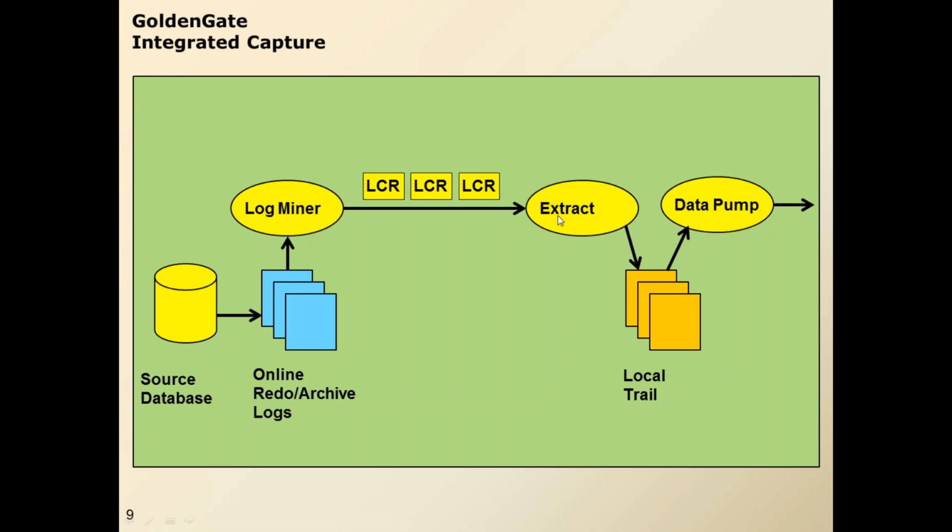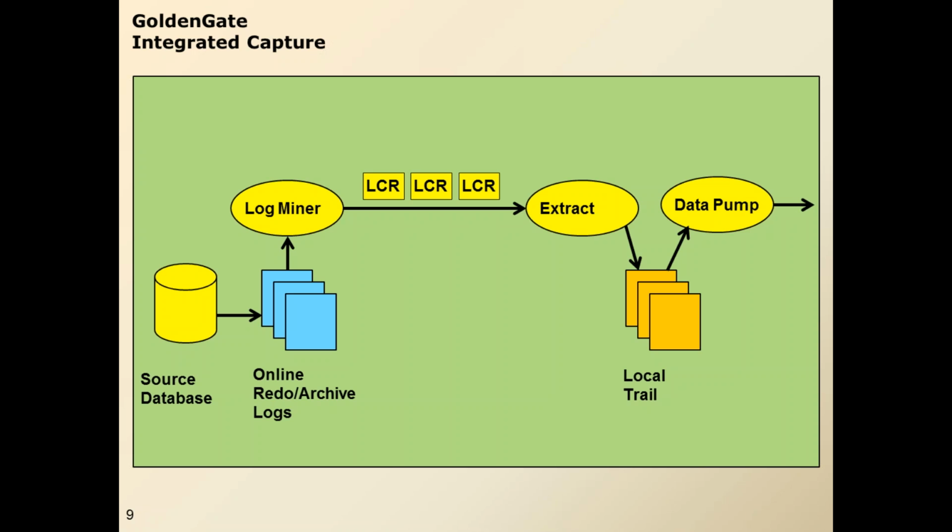In case of integrated capture, the performance is very much higher than the classic capture. In fact, it's a common saying that the work of multiple classic extract processes could be done by a single integrated extract process.